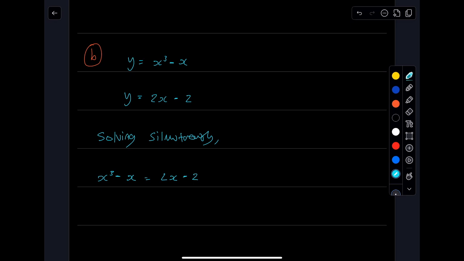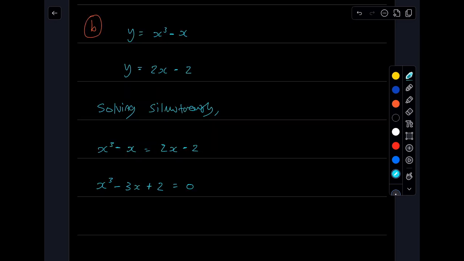So here we have two equations: y is equal to x cubed minus x, and y is equal to 2x minus 2. Setting these equal, we get x cubed minus 3x plus 2 is equal to 0.